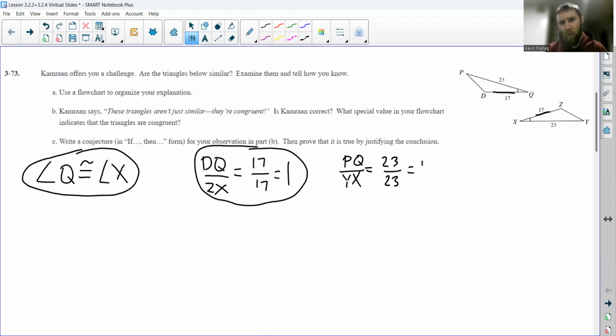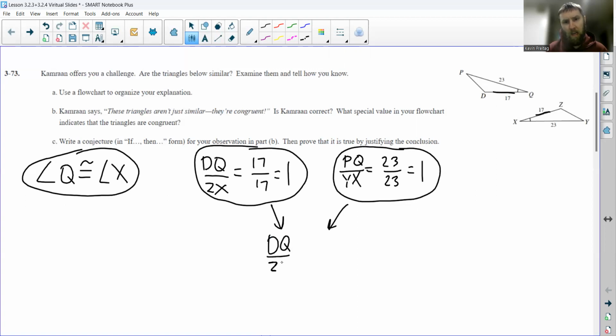And hopefully what we notice is that the ratio of the corresponding side lengths in these 2 triangles is the same for those corresponding sides, right? So these sides are proportional, we say. Proportional, meaning they are equal ratios. So I can draw one of these and one of these, and I can just say that DQ over ZX is equal to PQ over YX, right?